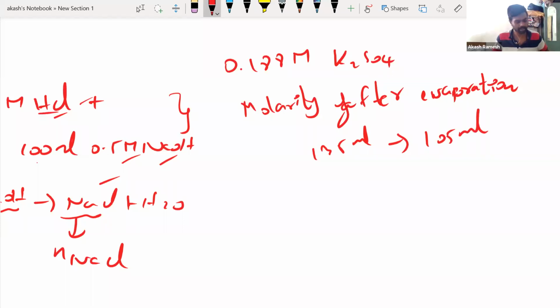I'll repeat the question: water is evaporated from 135 ml of 0.188 m K2SO4 solution until the volume becomes 105 ml. I know before evaporation the molarity is 0.188. After the evaporation, what will be the molarity? That's the question.